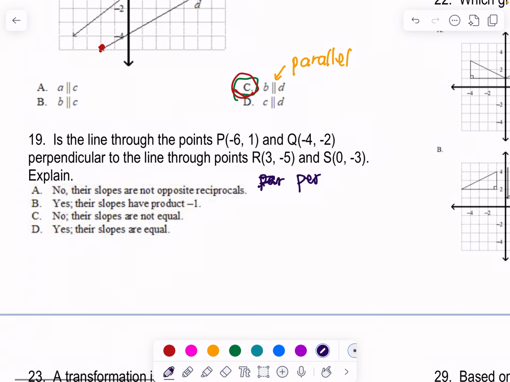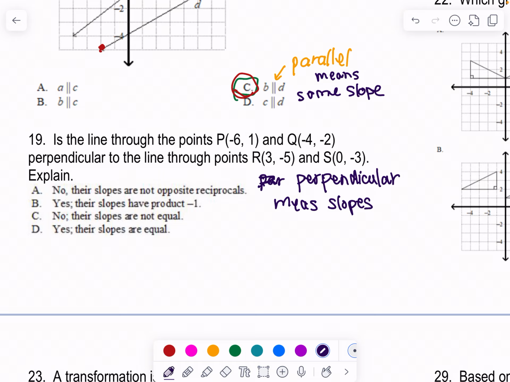Parallel means same slope, and perpendicular means slopes are opposites. So to check off, are they opposites and are they reciprocals?